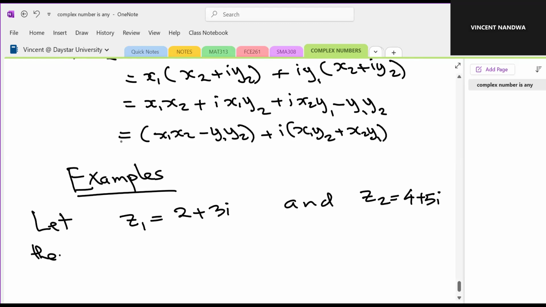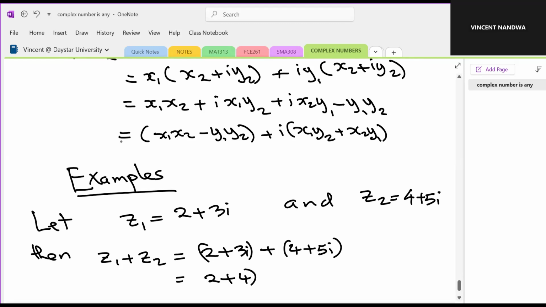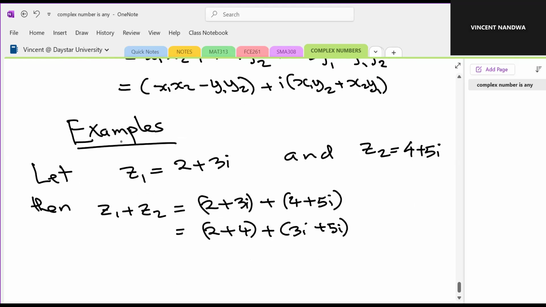Then Z1 plus Z2 will be given by 2 plus 3i plus 4 plus 5i, which will be 2 plus 4, the real parts, plus 3i plus 5i to give us an imaginary part. So 2 plus 4 is 6, 3i plus 5i is 8i. So that will be our Z1 plus Z2.